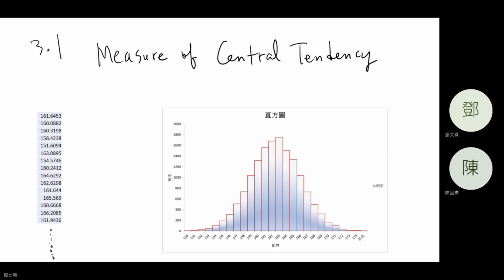The lowest one? 150? I don't think so, because there are so few students here. Can we use 174 to represent the whole column of data? No. So which one is the most representative?